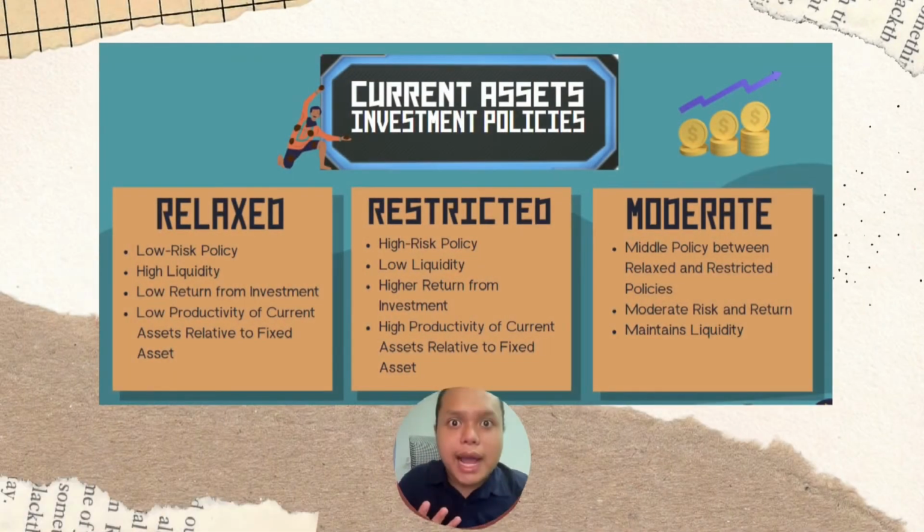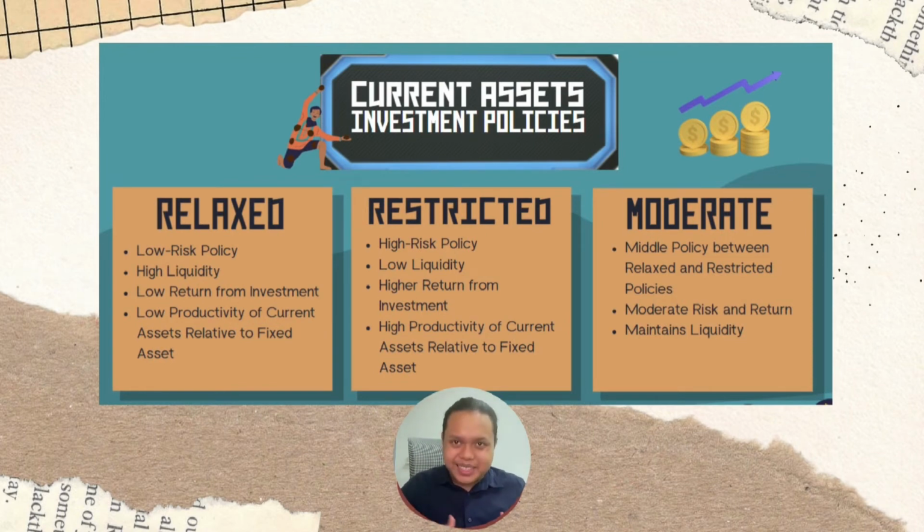There are 3 types of current investment policies, which are relaxed, restrict, and moderate. Relaxed is a low-risk policy. The liquidity is high and the return on investment is low. It is also low in productivity of current assets relative to fixed assets. Restrict is a high-risk policy.